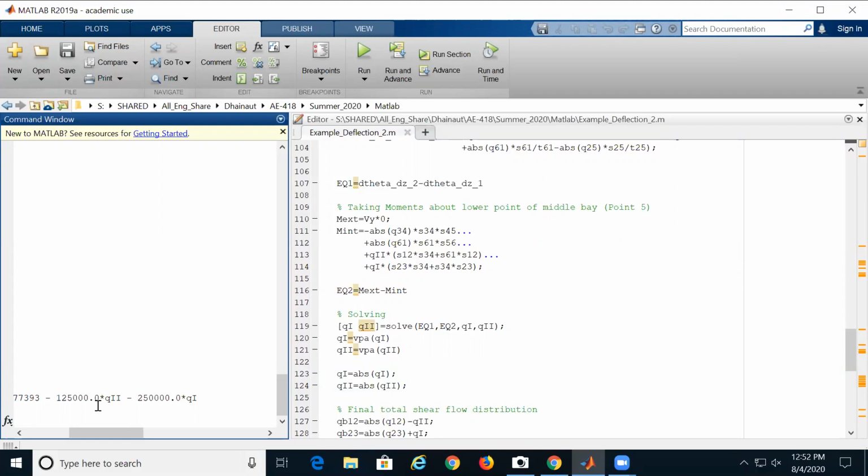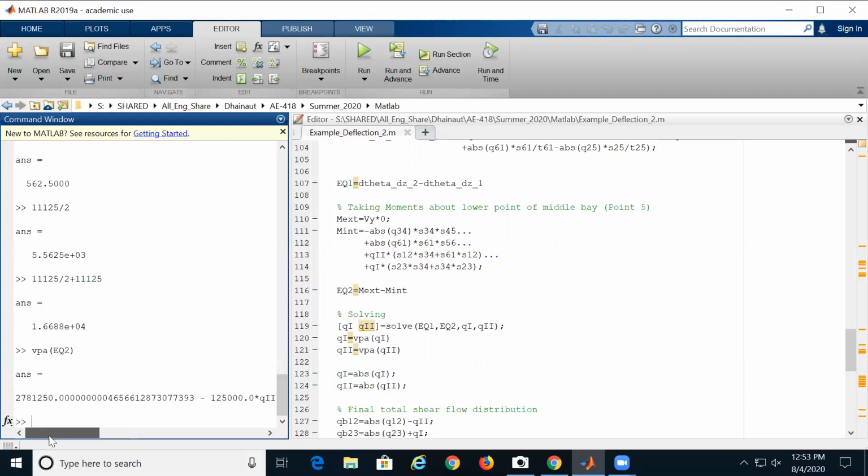So this will give you minus 250,000 Q1 minus 125,000 Q2 plus that big number, plus 278,1250. I'm going to put this equal to 0.